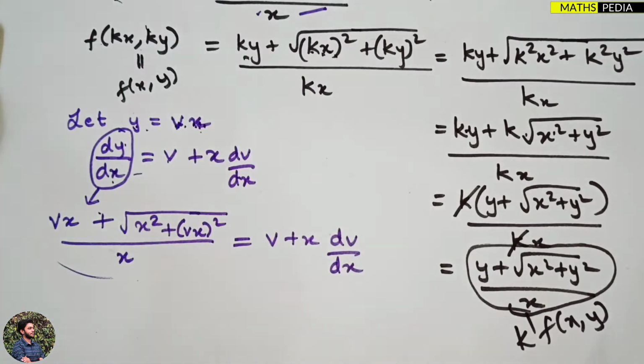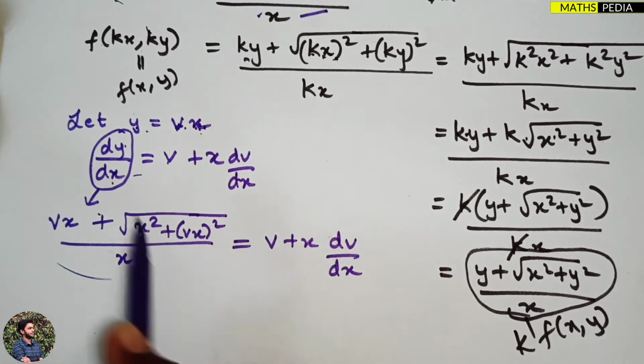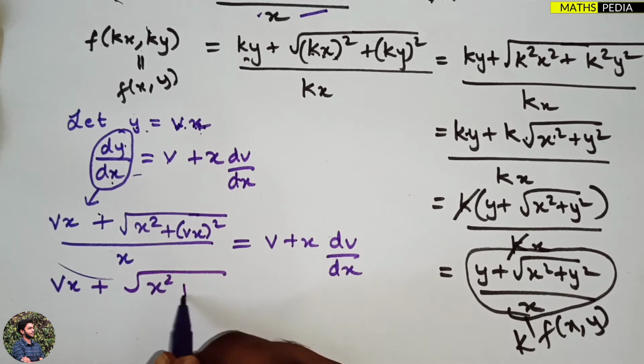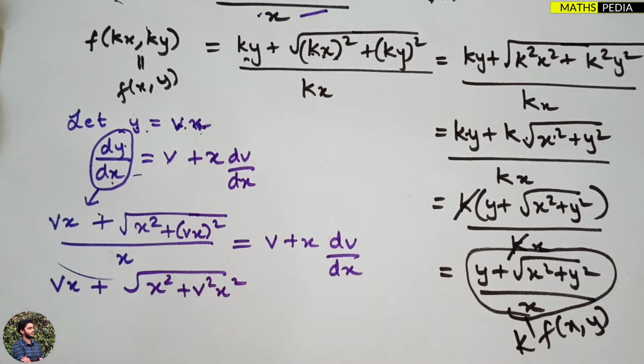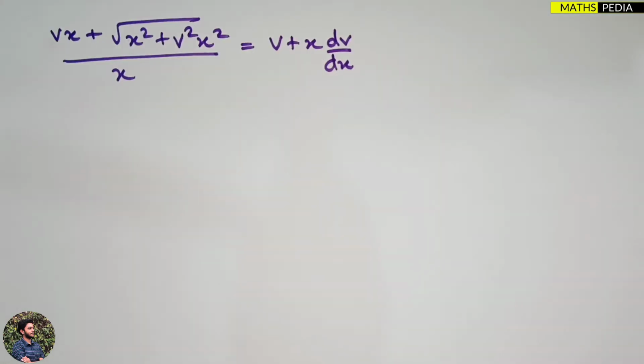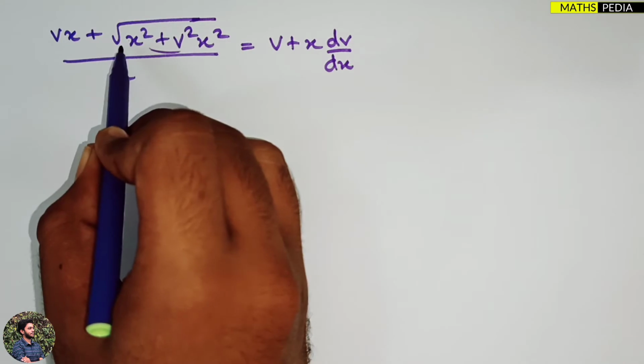Now simplification I have to do. So Vx plus under root of x square plus v square into x square, whole thing divided by x, which is equal to v plus x into dv by dx. So next thing, I can further simplify. From these two, I can take x square common, right?